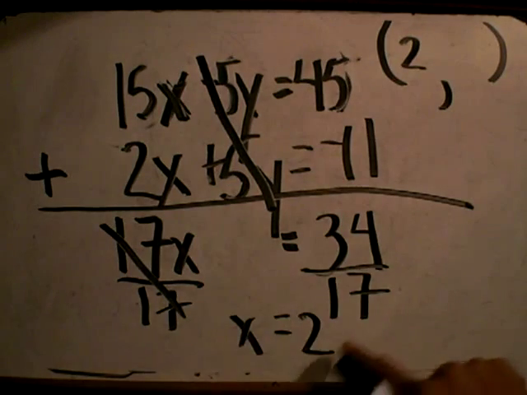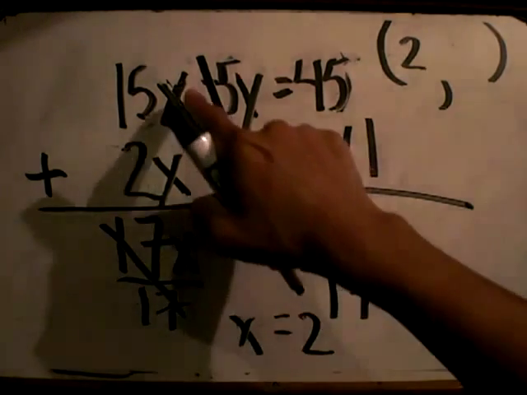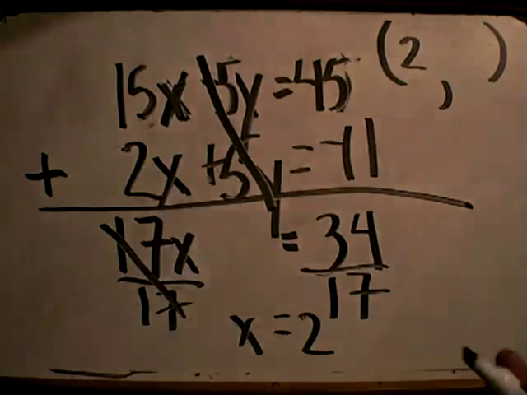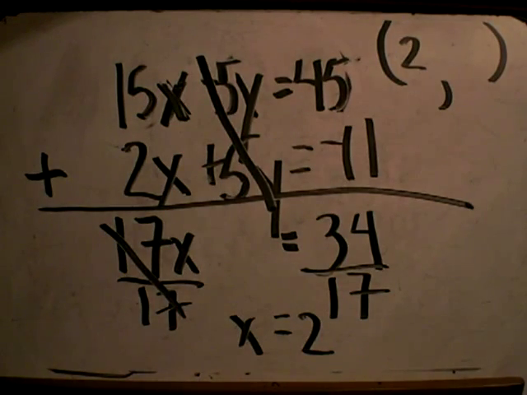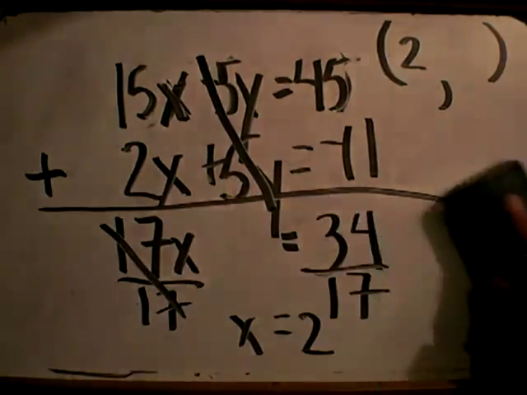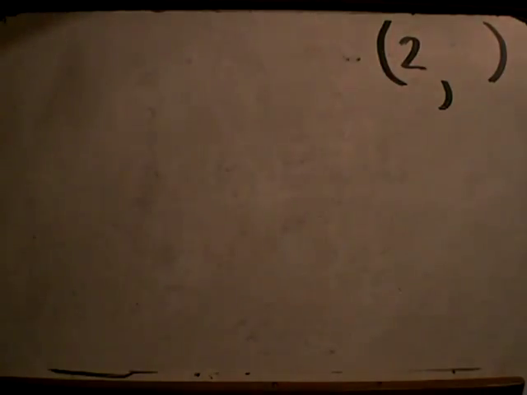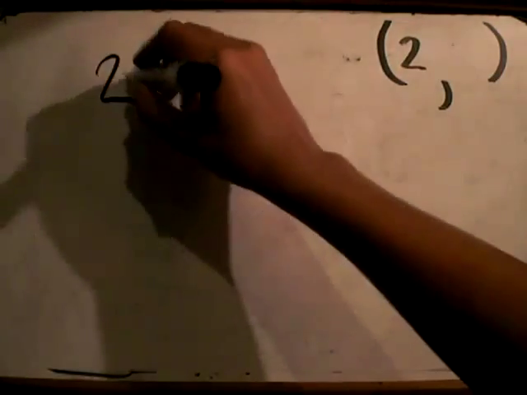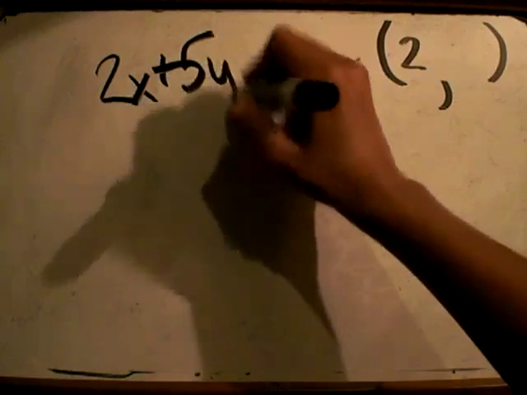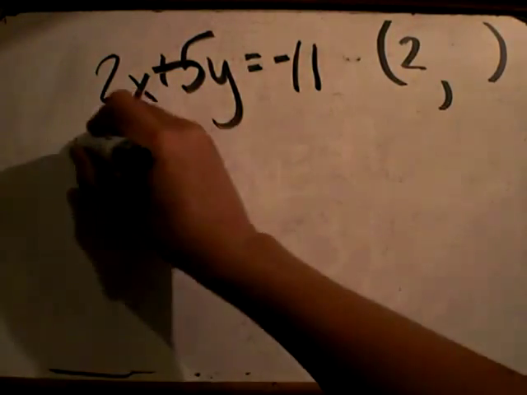Just like in the last section, we plug in 2 for x in either one of these equations. It doesn't matter. I'll pick the bottom one, 2x plus 5y equals -11. I'm going to rewrite that and plug 2 in for x.